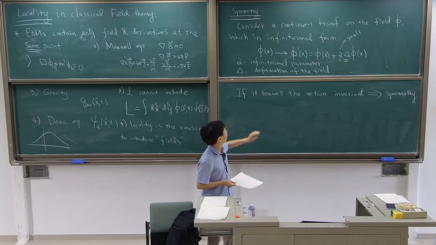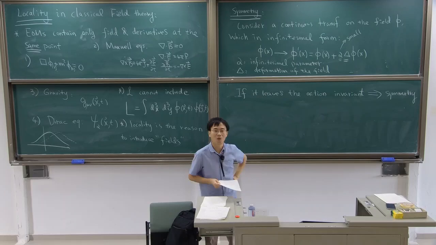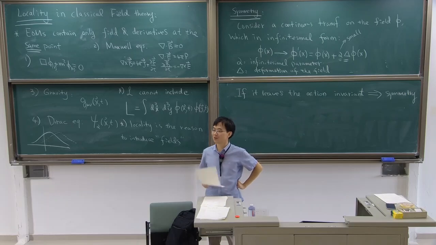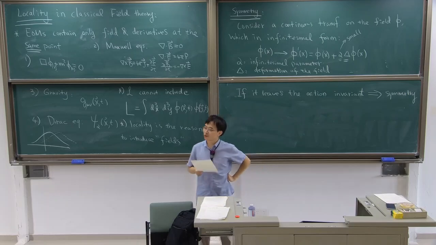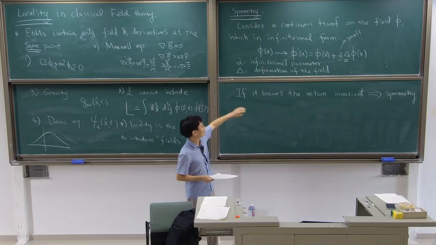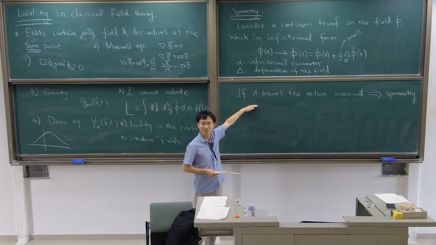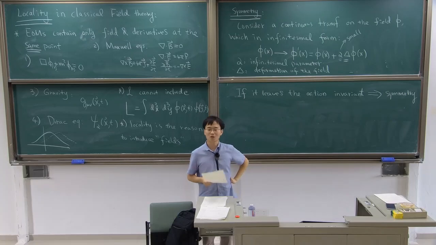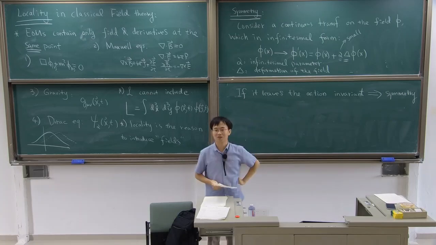Here we focus more on continuous symmetries. That's why we can write down an infinitesimal version of the transformation of a field, and on top of that make the definition of a symmetry: if under those transformations the action is invariant, we call such a transformation a symmetry.